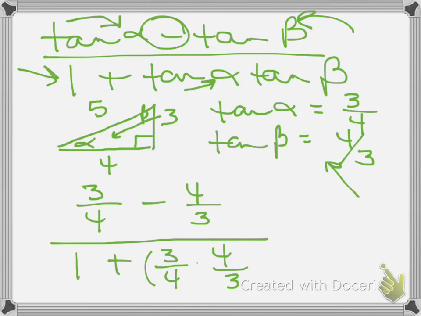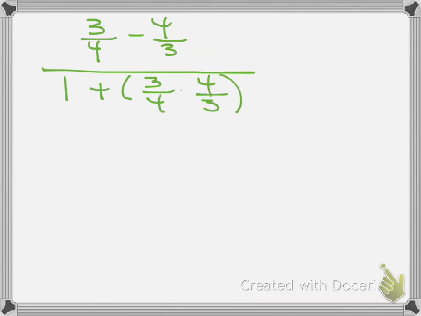And we're going to need to do some math here. You're going to need a common denominator for the top. If you're bad at fractions, do this on your calculator, but the common denominator is 12. 4 into 12 goes 3 times, and 3 times 3 is 9. 3 into 12 goes 4 times, and 4 times 4 is 16.